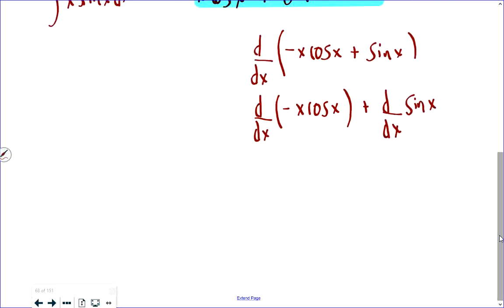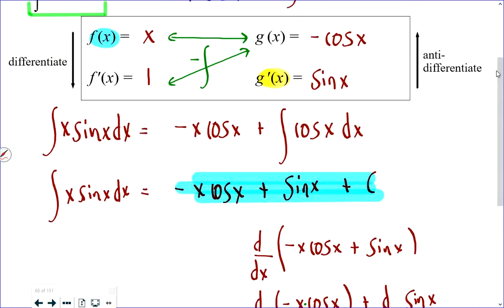So let's see what happens here. I need to use the product rule here. So the derivative of negative x is negative 1 times cos of x plus the first, which is negative x, times the derivative of the second, which is negative sine of x. I think you see where this is going. Plus the derivative of sine, which is cos of x. Beautiful thing happens. We have negative cos of x and cos of x, which is a wash. And then the middle term that I've written there is x sine x. Any questions with the work we did here?